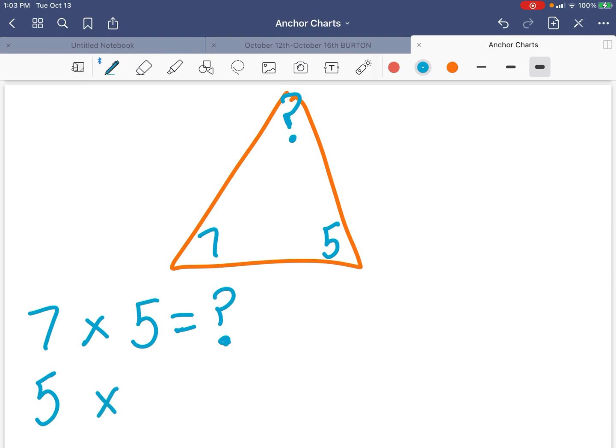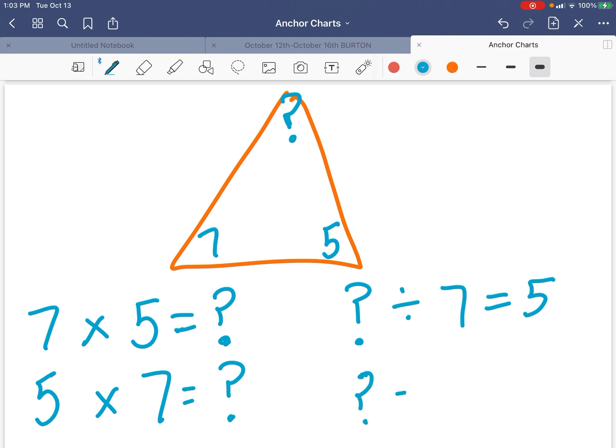I can have 5 times 7 equals something. I can have something divided by 7 equals 5, and something divided by 5 equals 7.